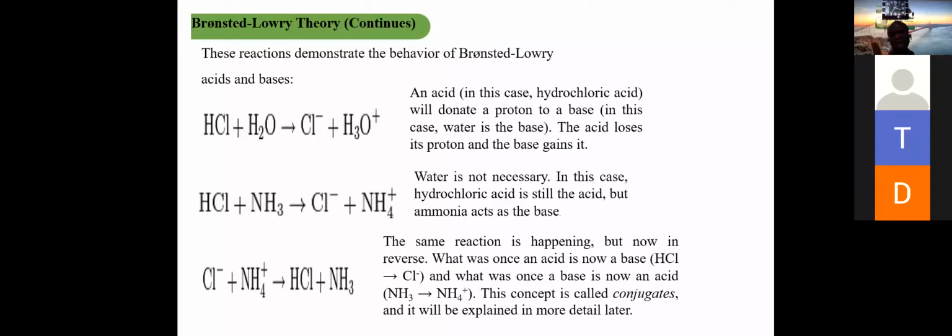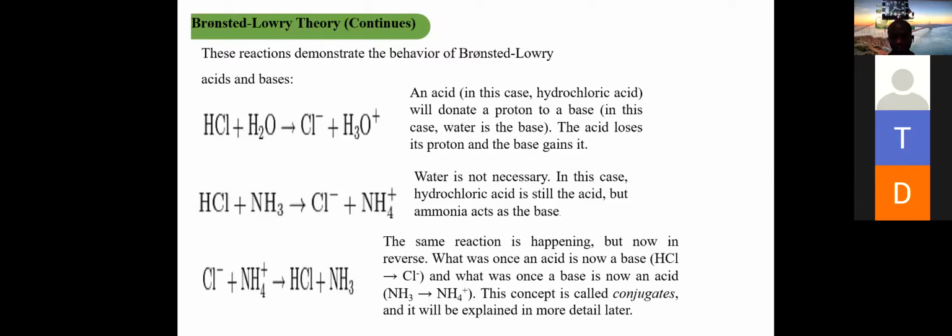But under this topic, what is important is that in an examination, apart from being asked to define these acids and bases according to this theory, you can also be given any compound at all and asked to write a chemical equation to show how that compound acts as a Lowry acid, or how that compound can behave as a Lowry base.